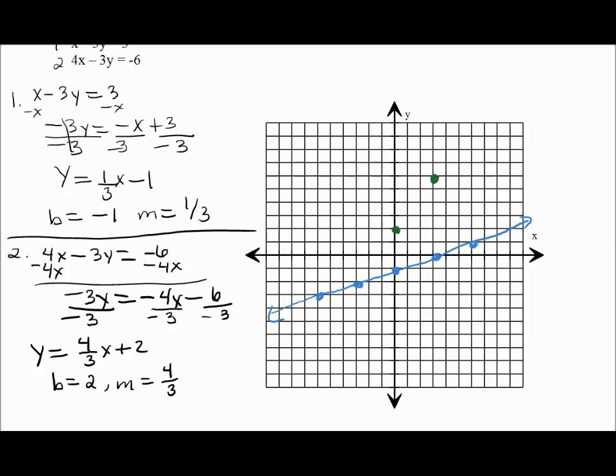Now, I see if I keep moving up and over, I'm not going to intersect with the other line on this coordinate plane. So I'll move down 1, 2, 3, 4 units and over 1, 2, 3. Now I run into the point of intersection, and I can draw my little line through.